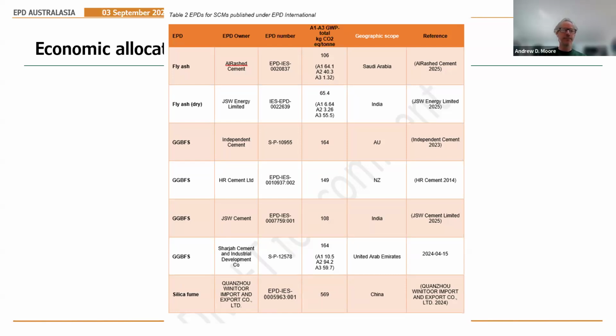A lot of the figures are very specific to what co-product is being collected, what downstream processing of that product is required, and also how it's been allocated economically from the primary producing process.